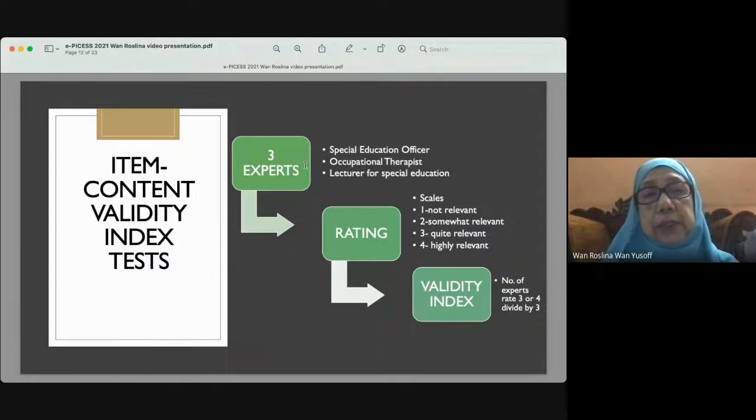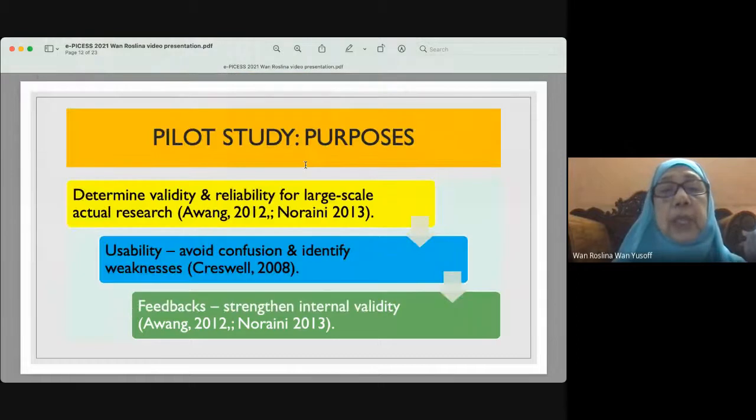Next, the item content validity index test involved first 3 experts, who rated the questionnaire, and from there I got the validity index: the number of expert ratings of 3 or 4 divided by the number of experts. The purpose of the pilot study is basically to determine the validity and reliability because I'm going to use it for a large-scale actual research.